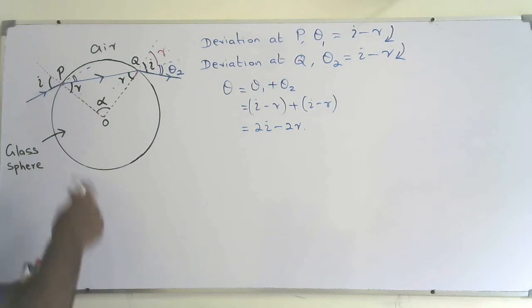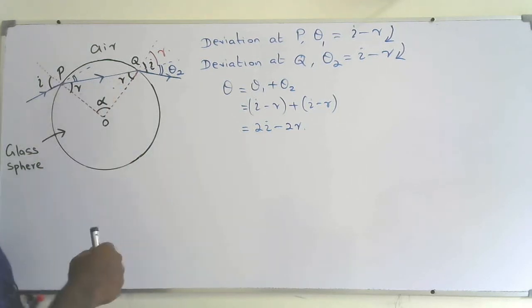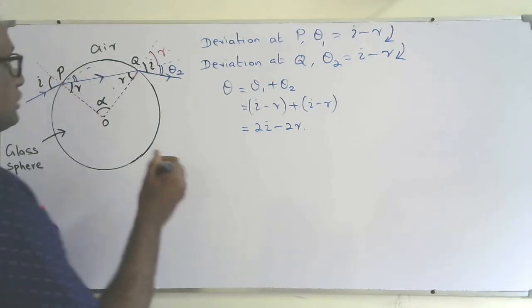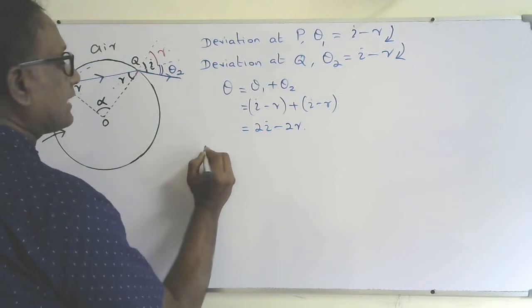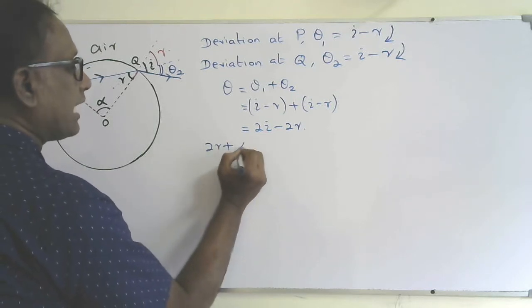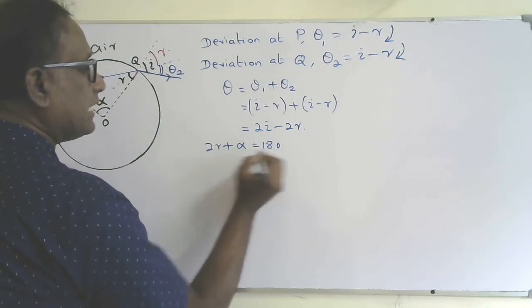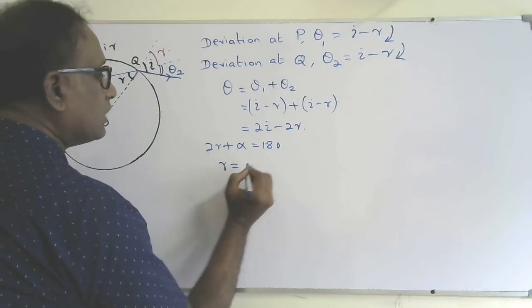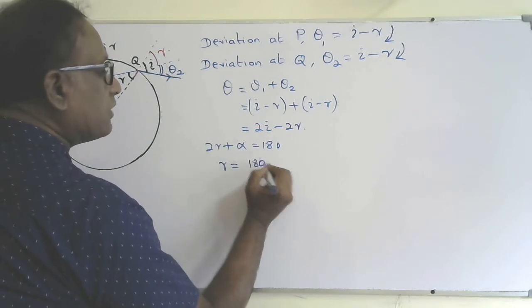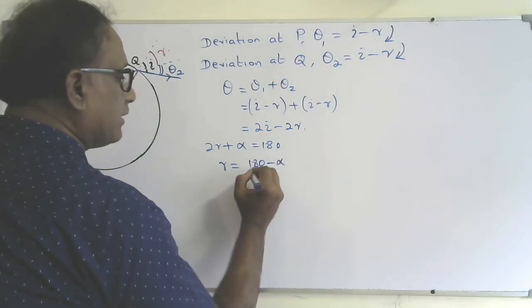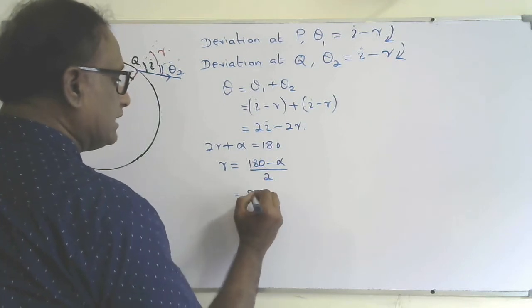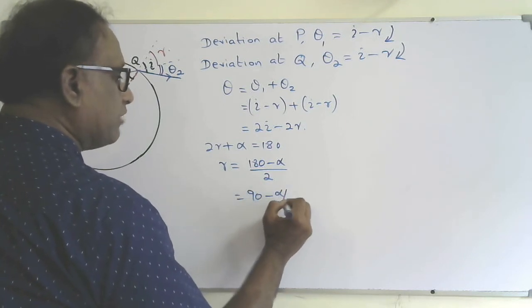Okay, so when we consider this triangle, the addition of the internal angles should be equal to 180, that is 2R plus alpha equal to 180. So R is equal to (180 minus alpha) divided by 2, that is 90 minus alpha by 2.